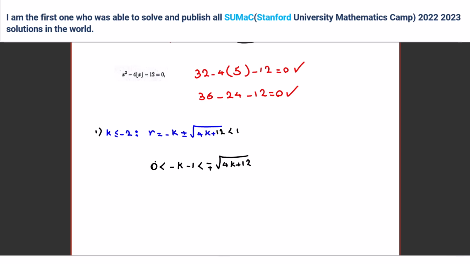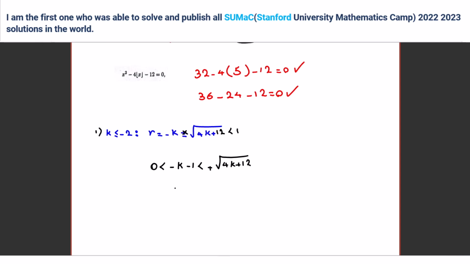Yeah. So I'm thinking of something. Do you agree plus doesn't work? Yeah. Because it will be greater than 1. So we should only consider minus, and when we take it to the right side, it will be plus, right?